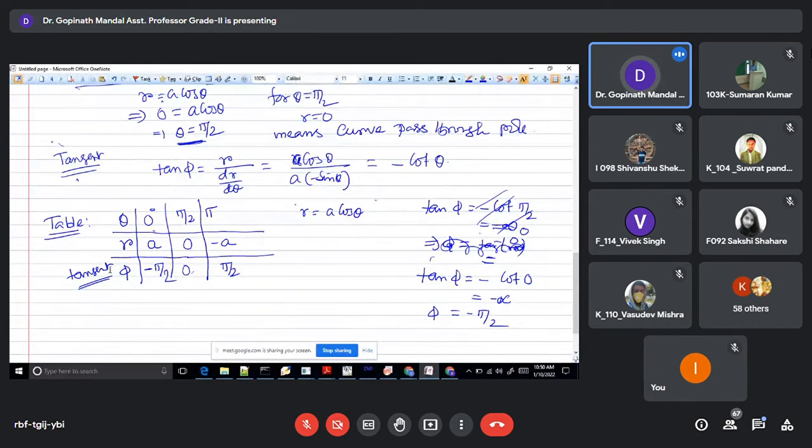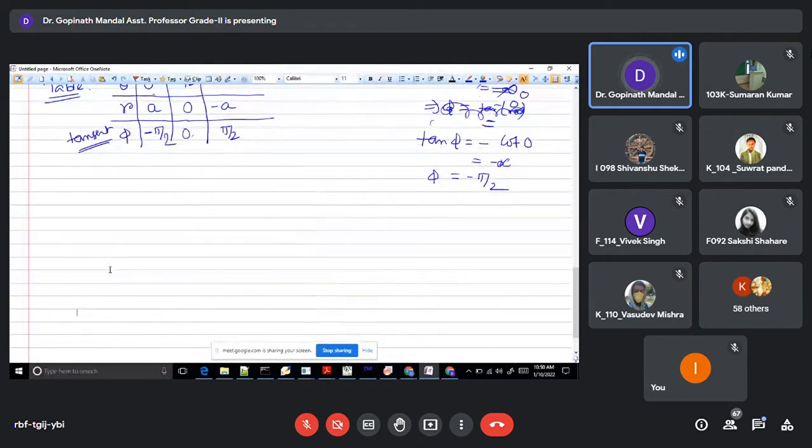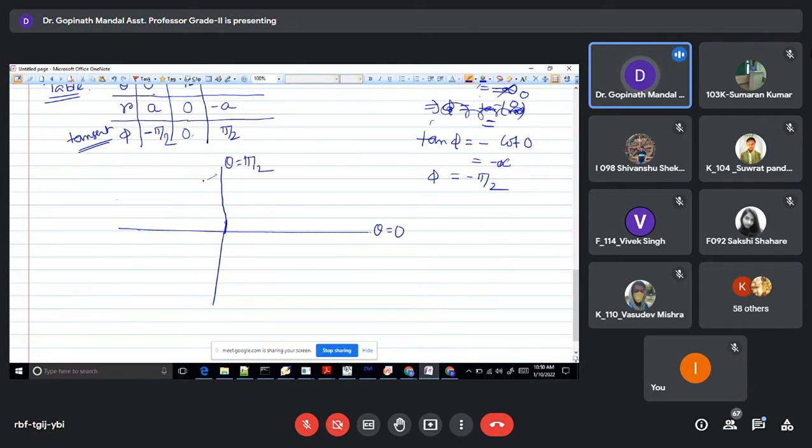Now we trace the curve. Theta equal to 0, theta equal to pi by 2, theta equal to pi. When theta equal to 0, r will be equal to a here.